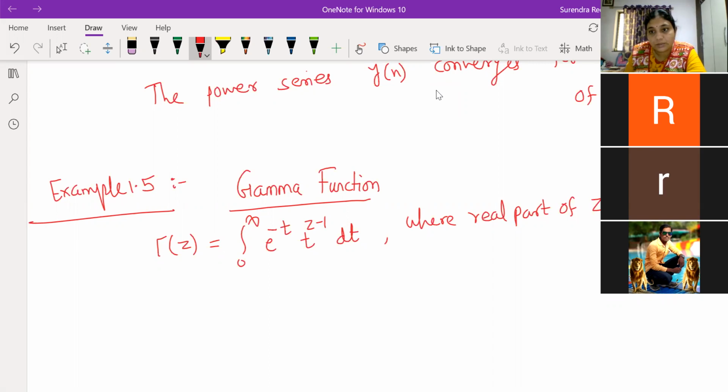This is the definition of the gamma function. You might have seen many properties of the gamma function in BSc second or third year.